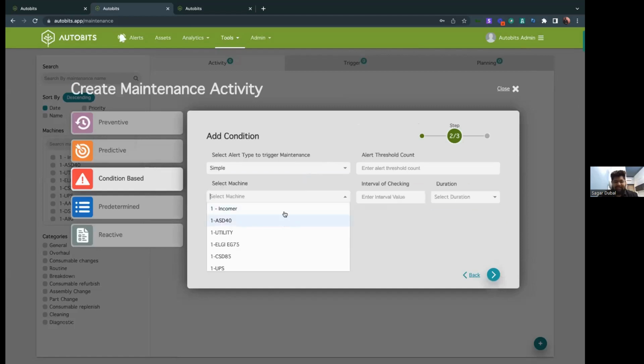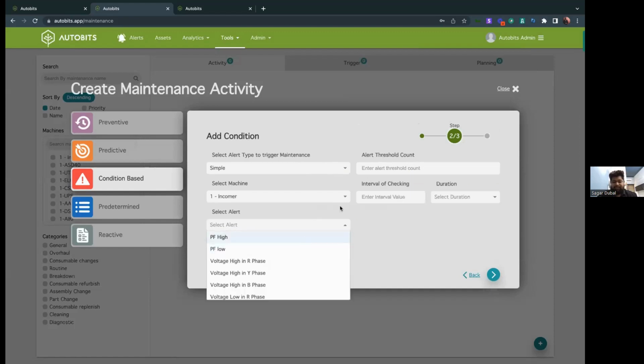If PF is getting higher, then I can set a key: if PF is going higher than 1.02, then what would happen?